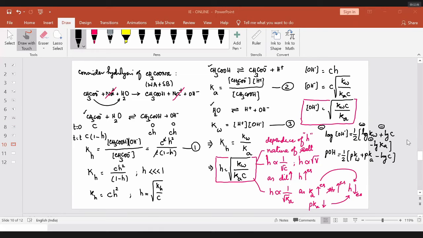Write down comfortably and separately. Don't mix it up like this. I don't have space on the screen, but you have to write very systematically, line by line, separately.